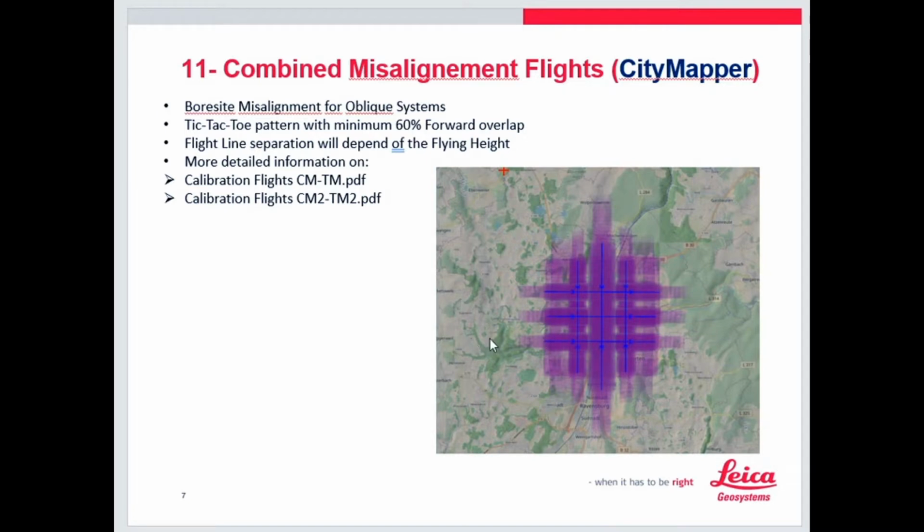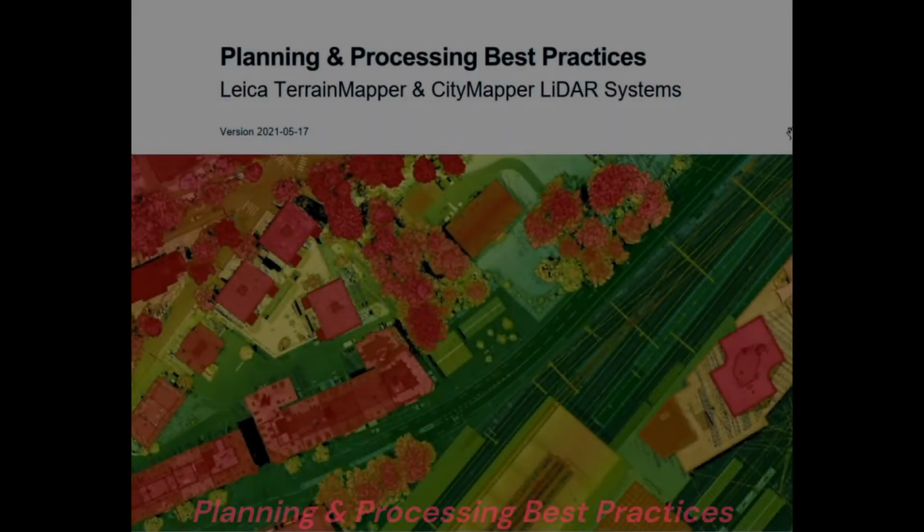Okay, this is quite a big presentation. I won't go through all of it, because I already extracted the most important things. I want to show you general knowledge, and then we will go to the practical session. This document, best practices for planning, is in Teams.